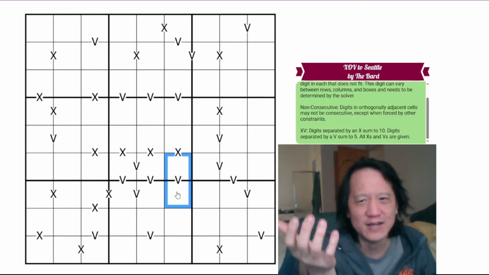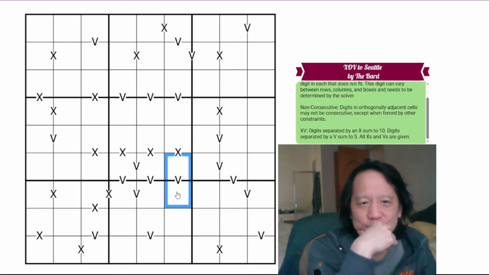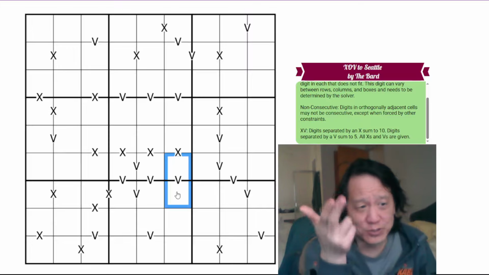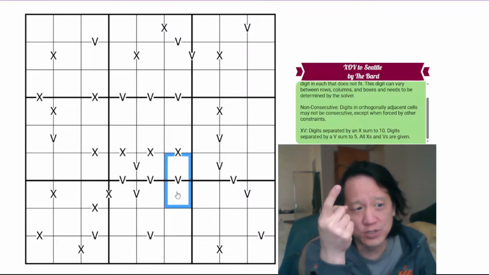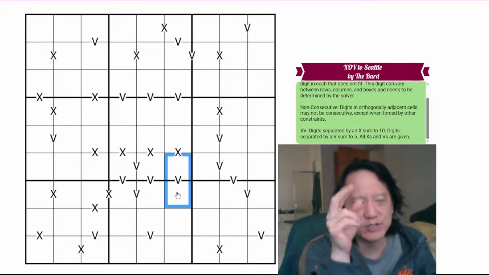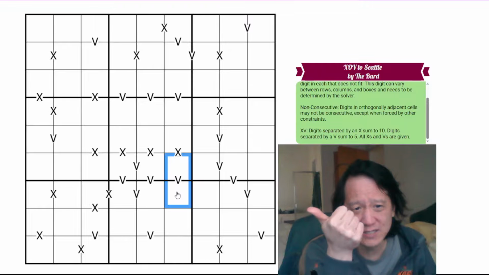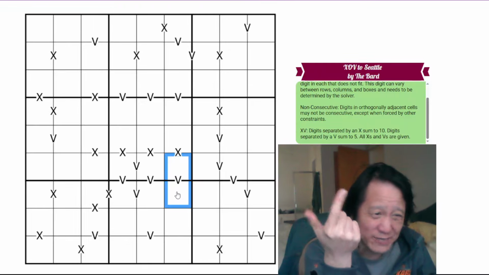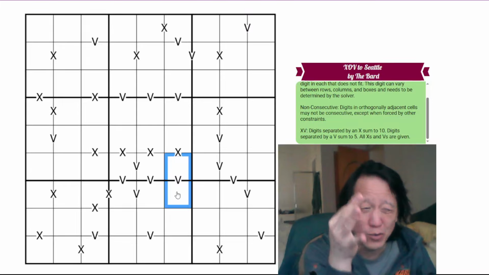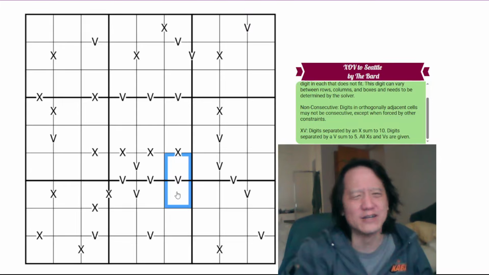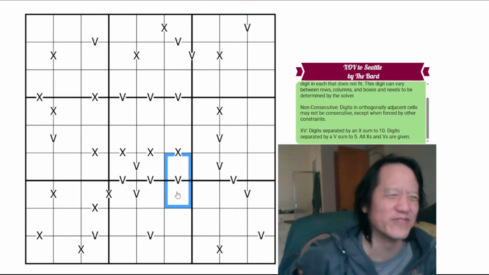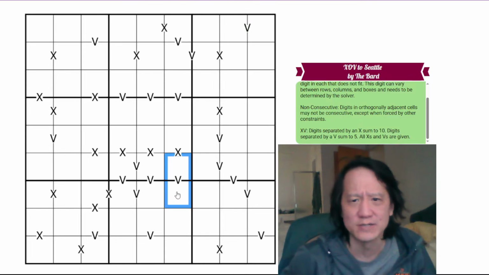So basically, unless there's a V next to the cell, you cannot have two cells be consecutive. But it's only in the case of when you have three V's in a row or in a box. That seems very strange, but it is what it is.